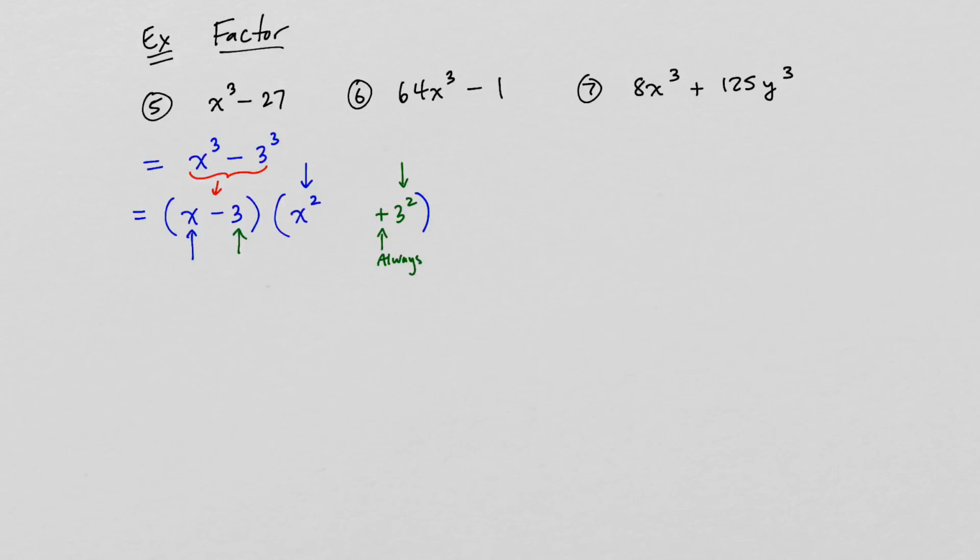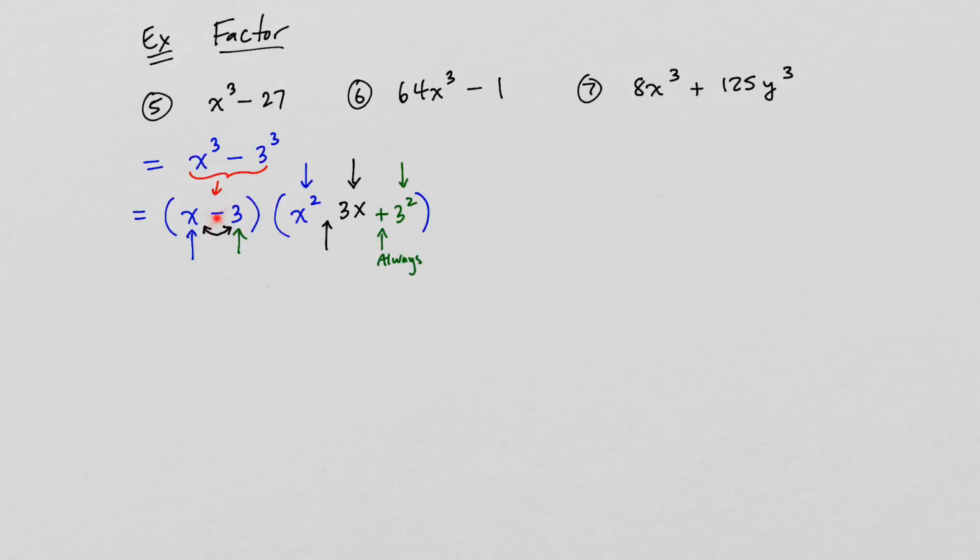So the only thing left is, how do we get this middle term? To get the middle term, we multiply these two terms together. So x times 3 is 3x. And then the last thing is, what sign do we put here? A plus sign or a minus sign? Well, this sign here is always the opposite of the first sign.